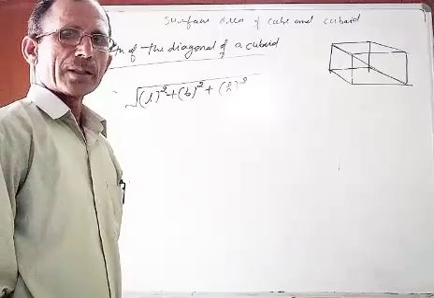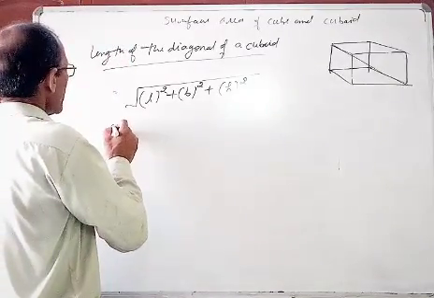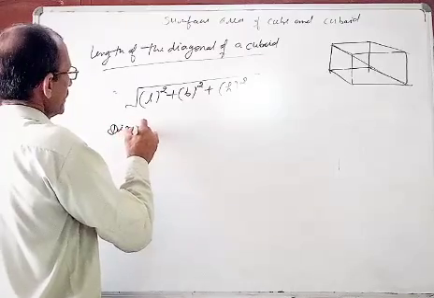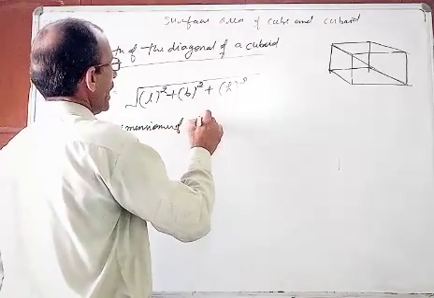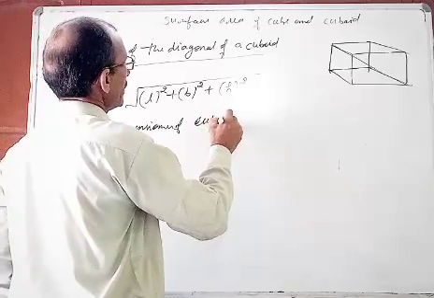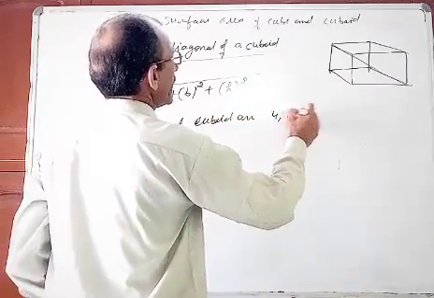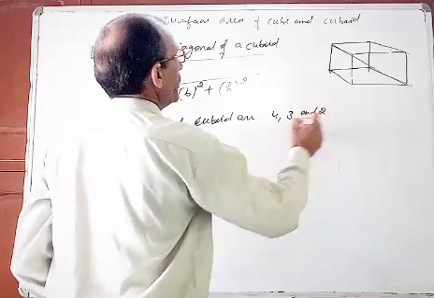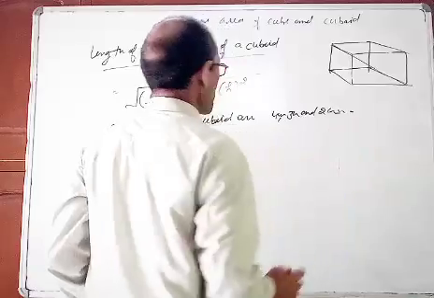Suppose the dimensions of a cuboid are 4 centimeter, 3 centimeter, and 2 centimeter respectively.